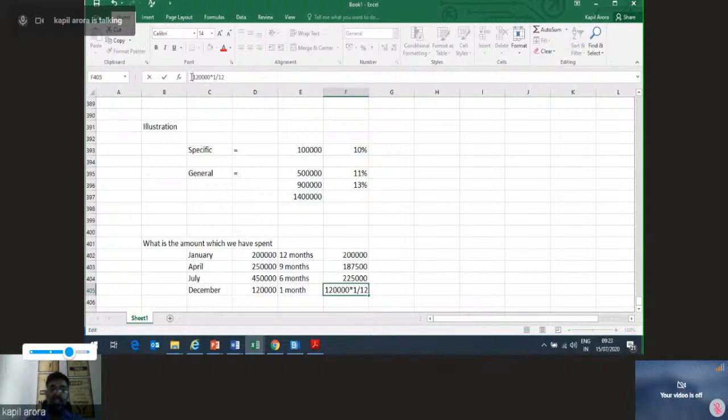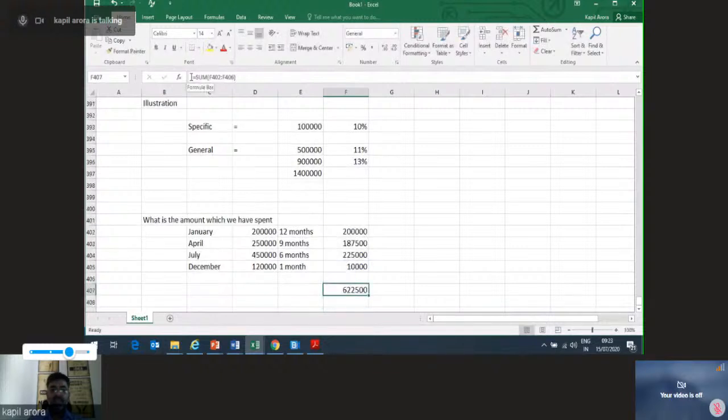Why am I doing that? I am just taking the weightage of everything. Right? If I do the total, I get 6,22,500. This is the weighted average amount spent. This is the total cost which I have considered on an average basis. I hope this is fine with everybody.